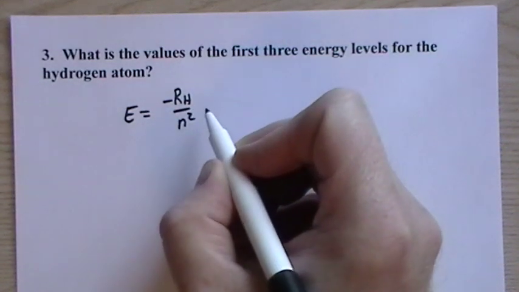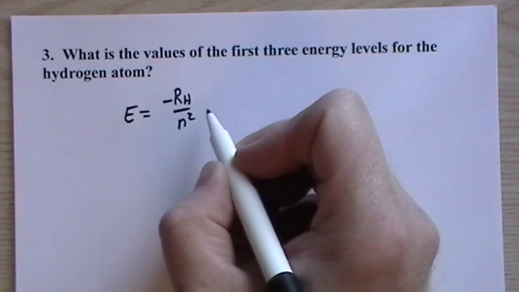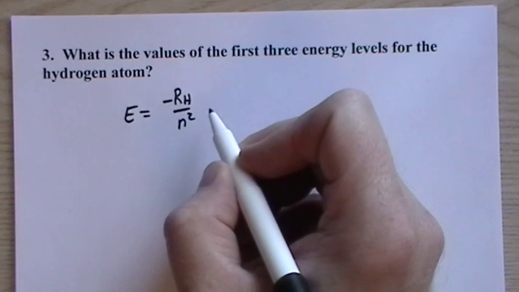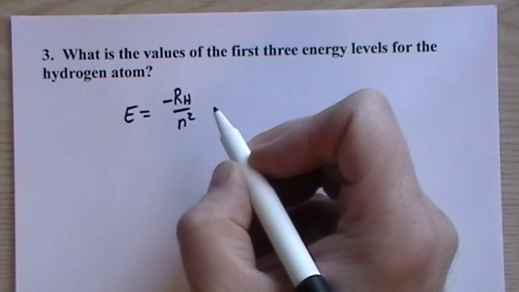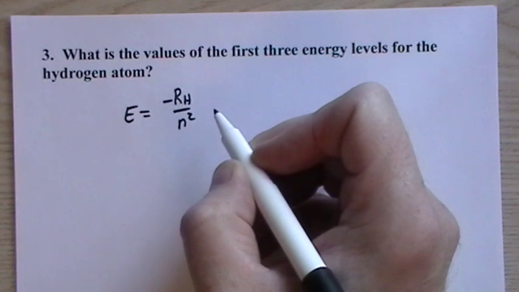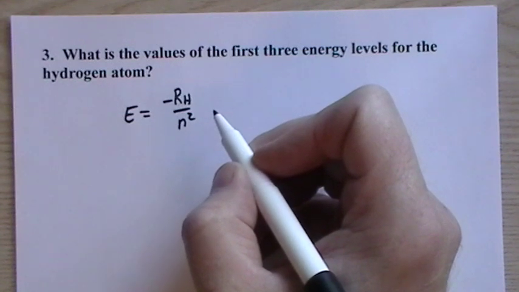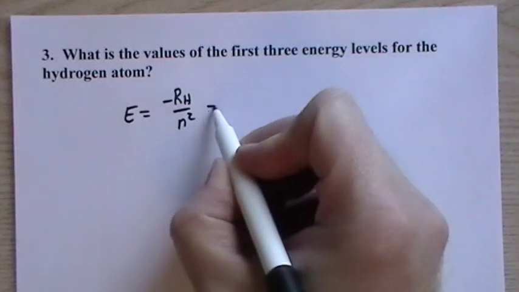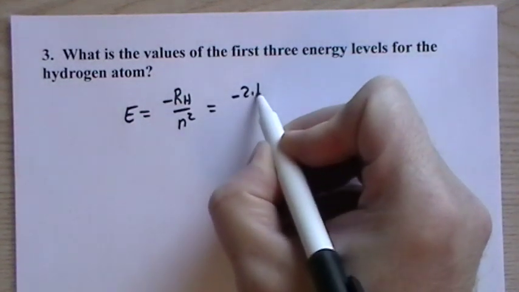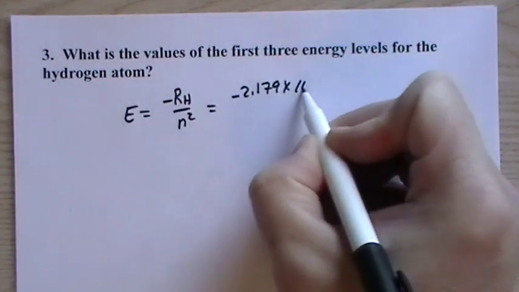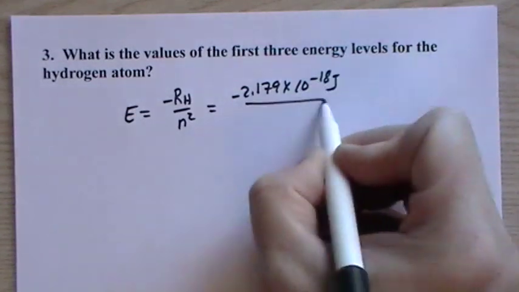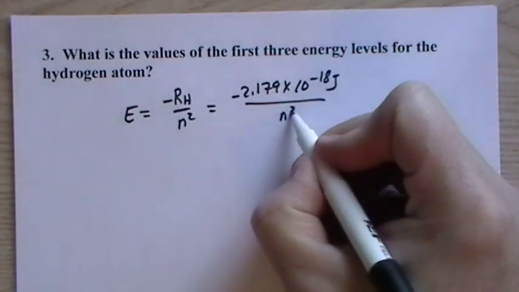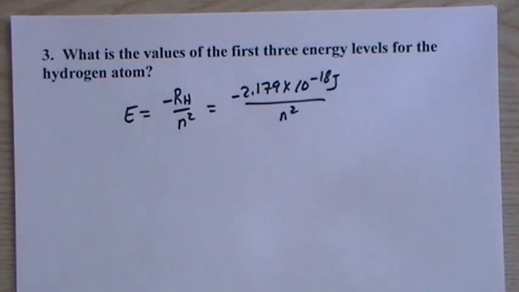This is the Rydberg constant: minus 2.179 times 10 to the minus 18 joules over n squared, n being the energy level.